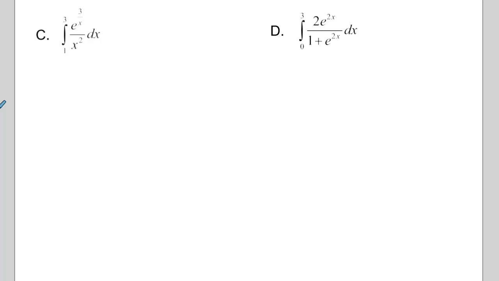So I'm thinking that we'll try u equals 3 over x first. All right, then it follows that du is going to be, well, first of all, let's rewrite u as 3 times x to the negative 1.